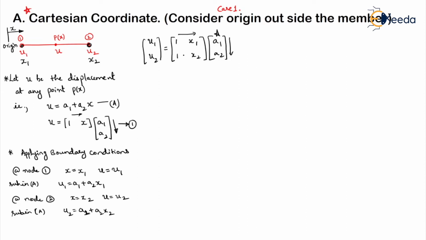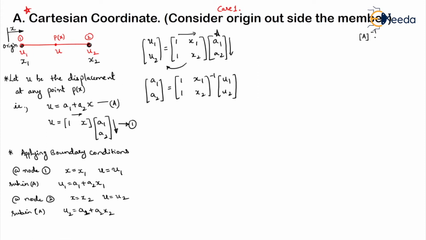So what I'll do, I'll send this portion on the other side. So what will happen to that? If we send that other side, I'm writing this on the left hand side and this on the right hand side. So what will happen? This will become a1 a2 equal to the inverse of the matrix 1 x1, 1 x2, into u1 u2, right? What is the formula for inverse of any matrix?